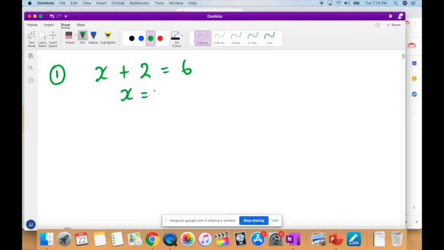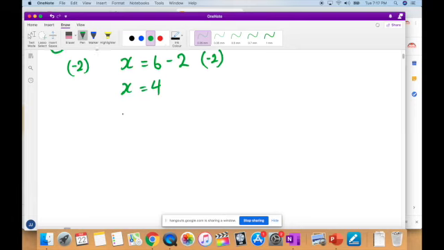So x is going to be 6 minus 2. For the same reason we were talking about, you subtract 2 on both sides of the equation. So x is equal to 4. You okay with that, Caitlin? Yeah. Alright.